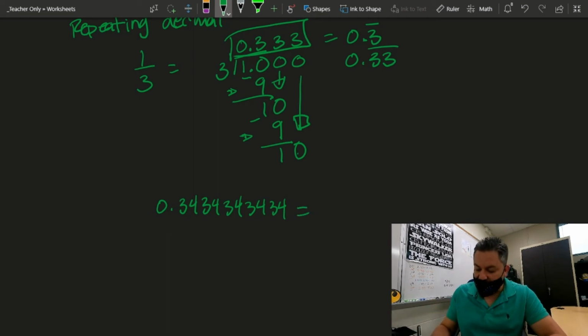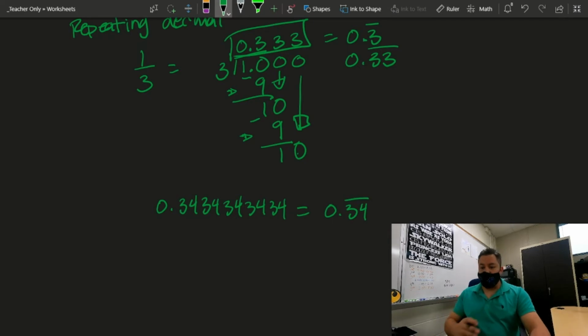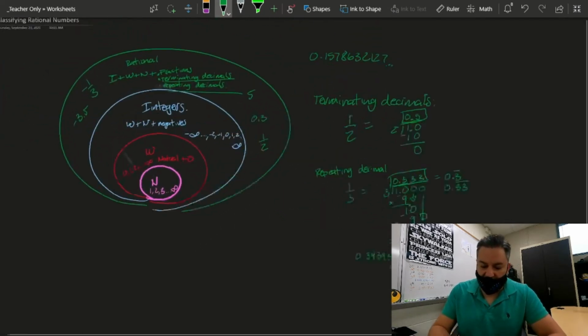However, it has a pattern, so we're just going to write this like that. It means that the 3 and the 4 repeat over and over, forever and ever, for eternity. Any questions about that?